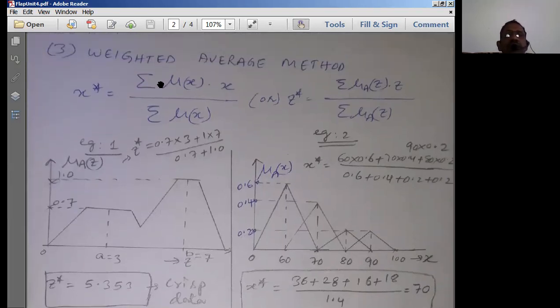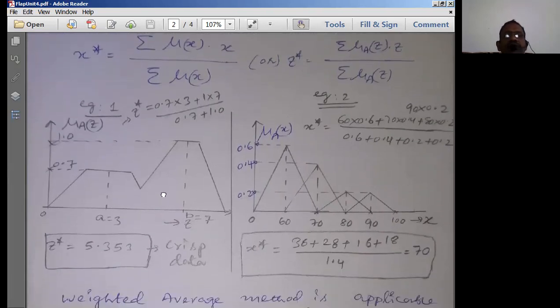So here it is called the weighted average method. Weighted average means we find it by taking the maximum value multiplied by its membership value, divided by, once again, the membership function. So let us take this example as the first example.